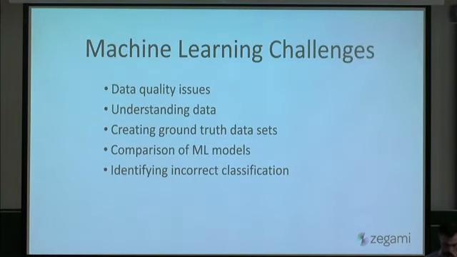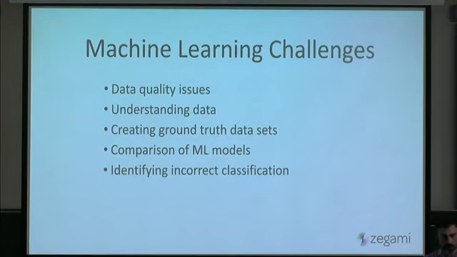To refocus on the topic of the day: what are the challenges within machine learning and image processing at the moment? One of them, as with any kind of data, is data quality issues, and leading on from that, understanding the data that you're collecting.